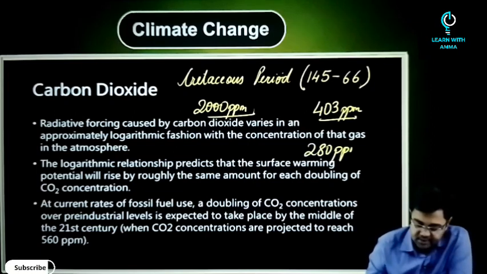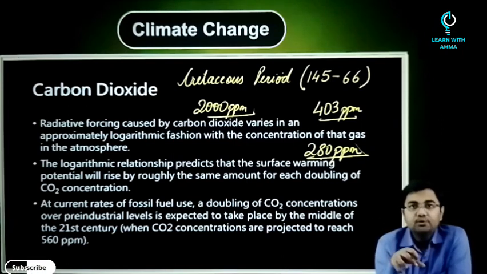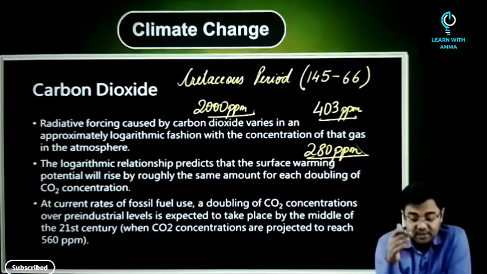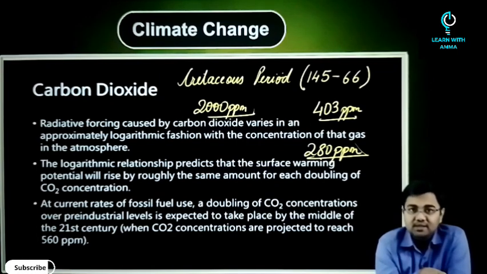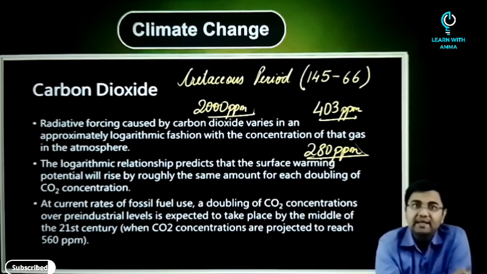As we already discussed, that was approximately 280 parts per million. According to the measurements, this level is believed to be the highest in the last 8 lakh years. And some of the evidence collected by scientists even says that it might have been the highest in the last 50 lakh years, not even just 8 lakh years.